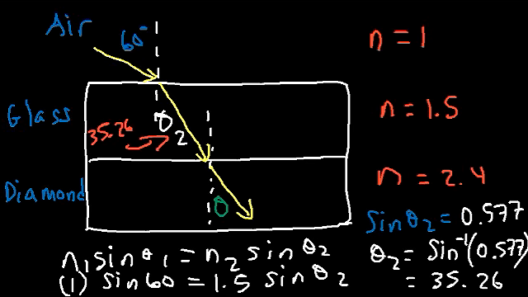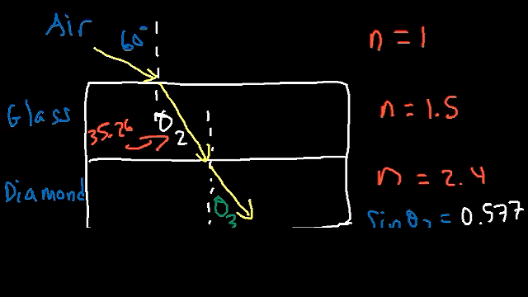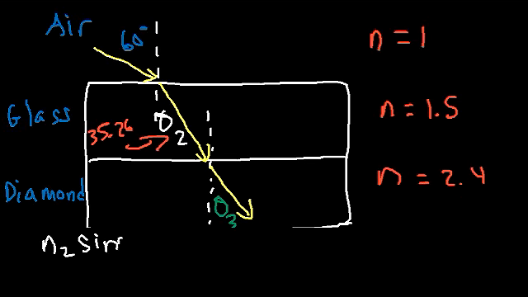So now let's solve for theta 3. So we need to use Snell's law again. So using the equation n2 sine theta 2 is equal to n3 sine theta 3.